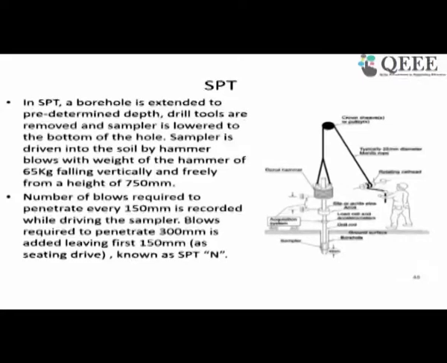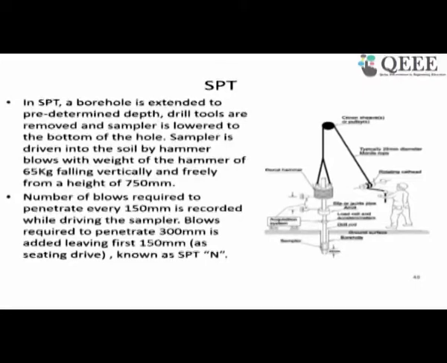Once we lower the sampler to the desired depth, the sampler is driven by a hammer with some blows. The hammer weight usually is 65 kg and the drop of the hammer is 750 millimeter.